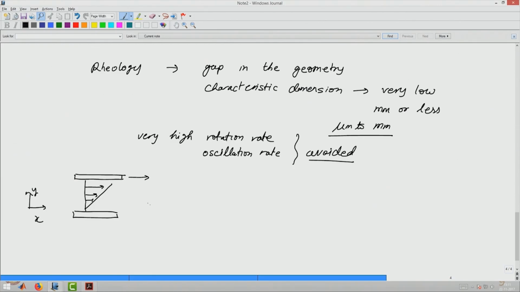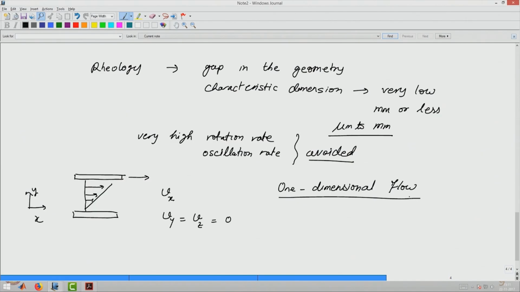And so, given that the plate is moving only in the x direction, we expect velocity in the x direction to be present. We say that in the y and z direction there is no motion. So, this is an example of a one dimensional flow that we have seen when we were reviewing the rheometric flows.